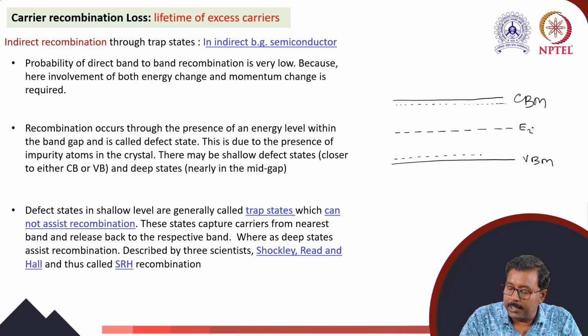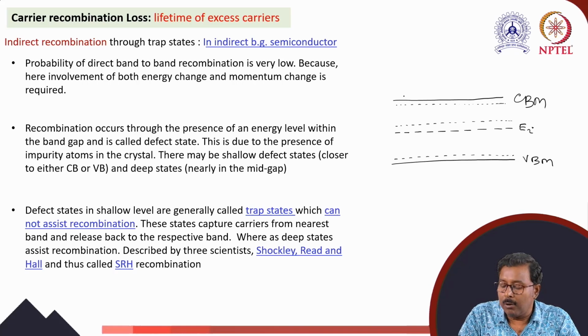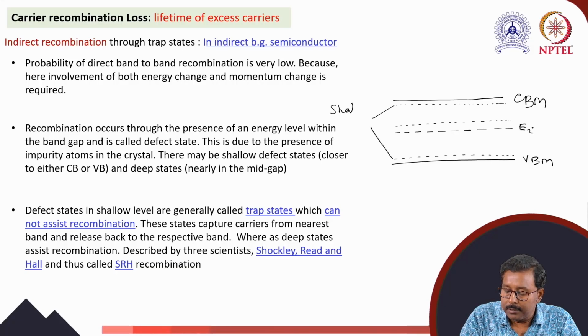These are the allowed energy states due to impurities. But defect states may be here also. The defect states which are very close to the valence band or conduction band are called shallow defects. So these two are shallow defects. But this defect state is called a deep defect state.